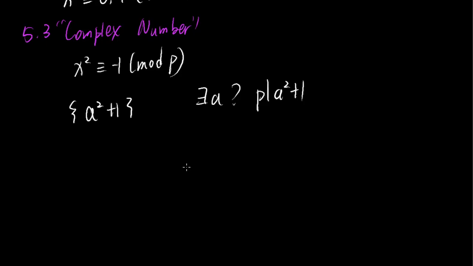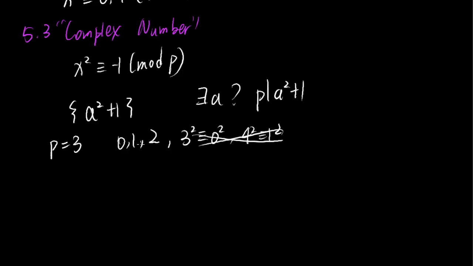And we can first experiment, right? Experiment is very powerful. So this is p, and we can start with, for example, p equal to 3. We only need to examine 0, 1, 2, because 3 squared is congruent to 0 squared, and 4 squared is congruent to 1 squared.